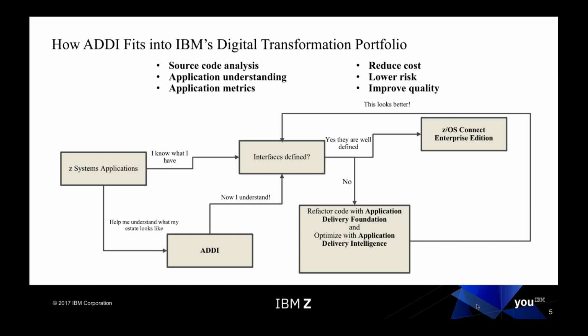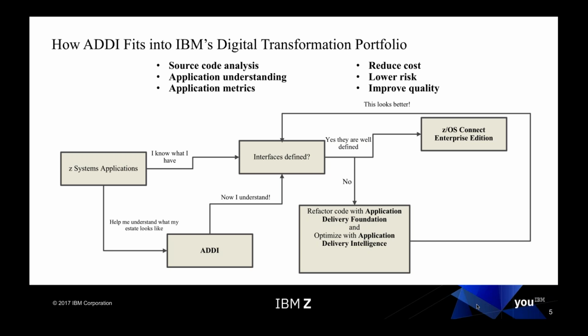So how do you really know what you can expose as an API? This chart gives you a very high level idea of what goes into exposing something as an API. If you have your Z system applications and you know them in and out, you have defined interfaces, which means you have a presentation layer, you have your business layer, you have your data layer, everything is very well defined.